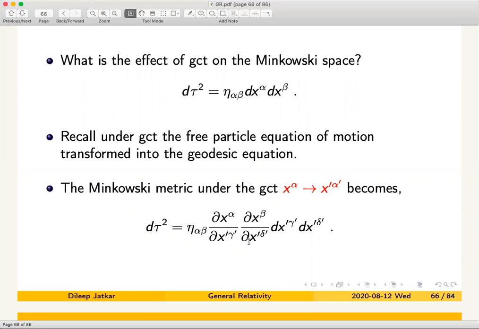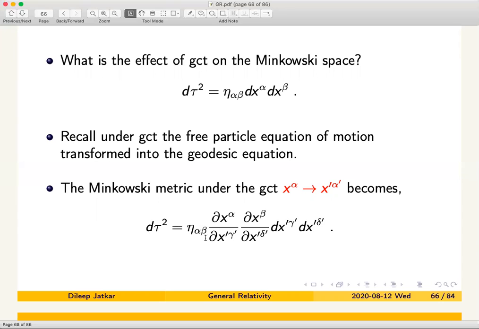Similarly, del x beta by del x prime delta prime times dx prime delta prime. Now if you look at this expression and the Minkowski metric expression, then eta alpha beta times del x alpha by del x prime gamma prime times del x beta by del x prime delta prime, I can call this entire piece some new metric.